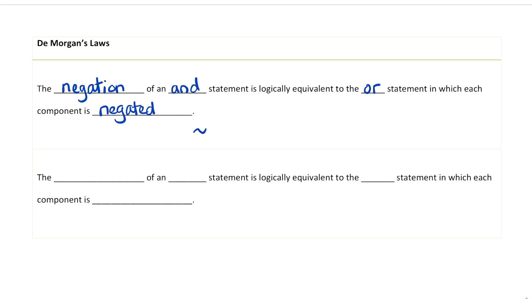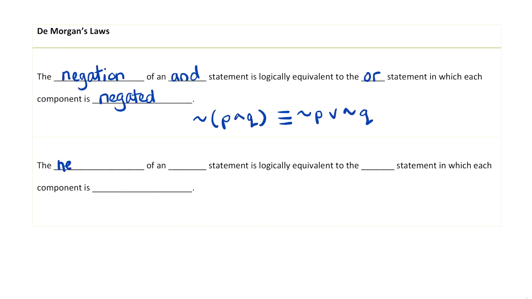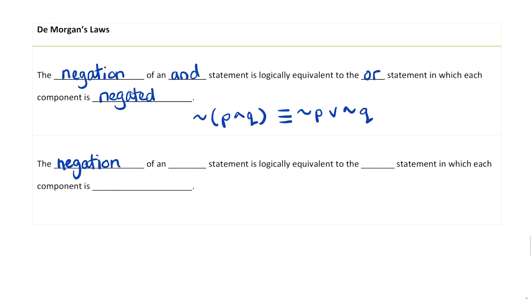Using symbols, remember we've got the negation of the conjunction of P and Q is logically equivalent to the disjunction of not P and not Q. The negation of an or statement is logically equivalent to the and statement in which each component is negated.